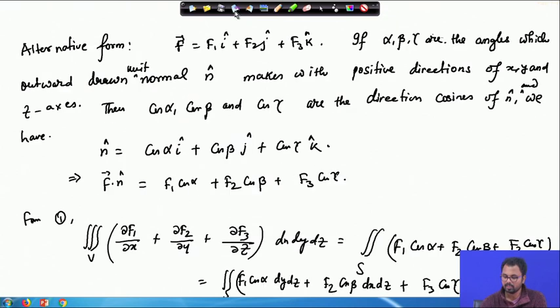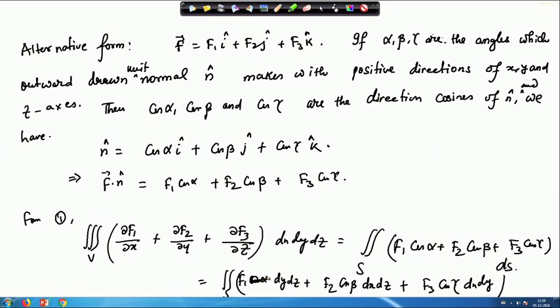But if we look into the Cartesian form of Gauss divergence theorem, there we had f1, f2, f3. Let me go back to the previous form.